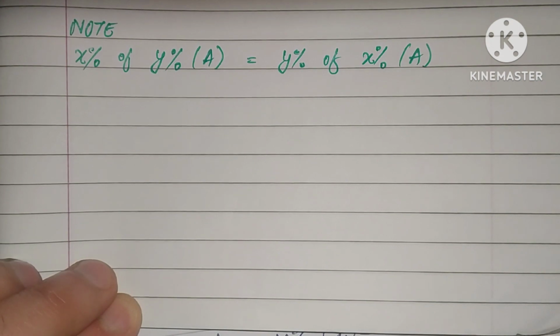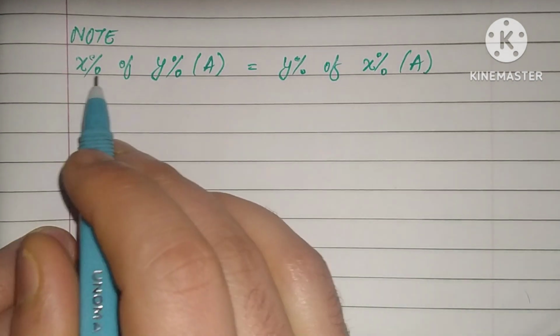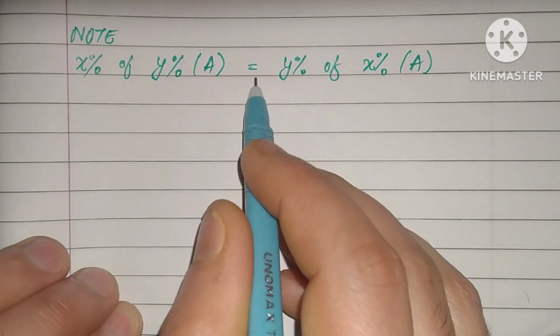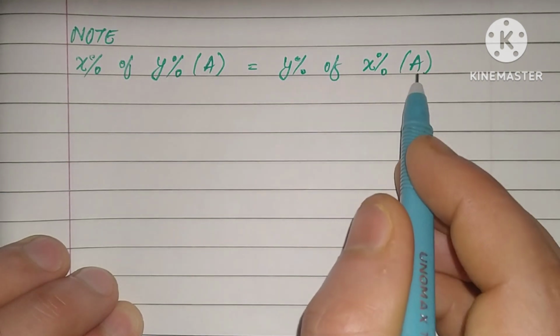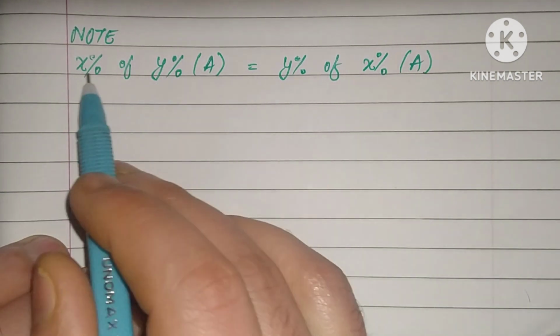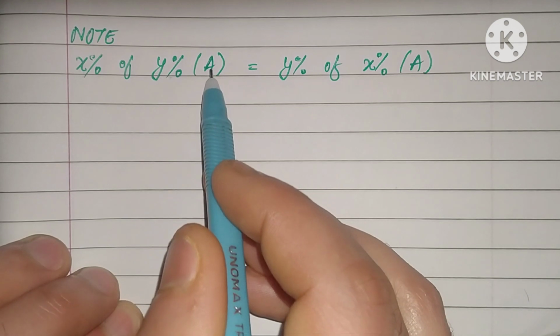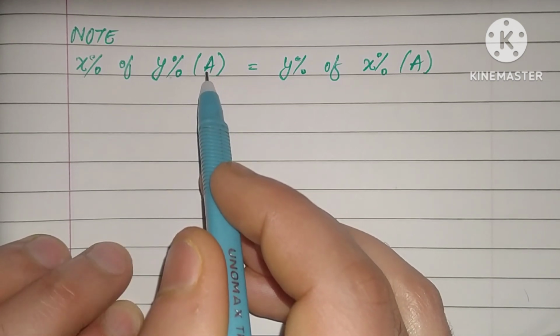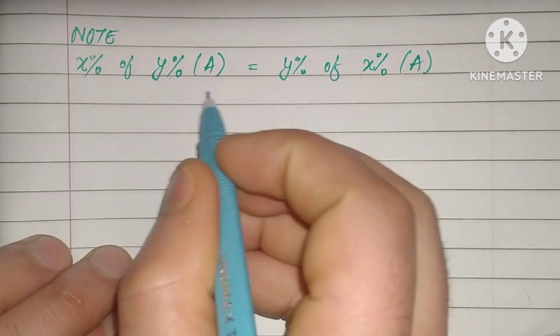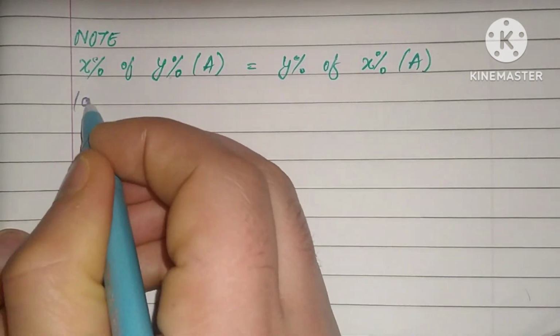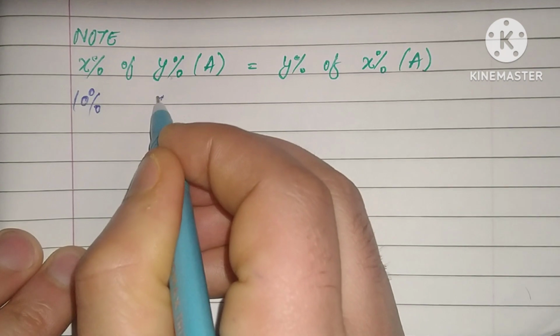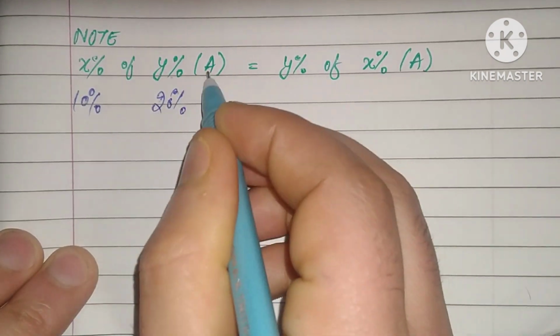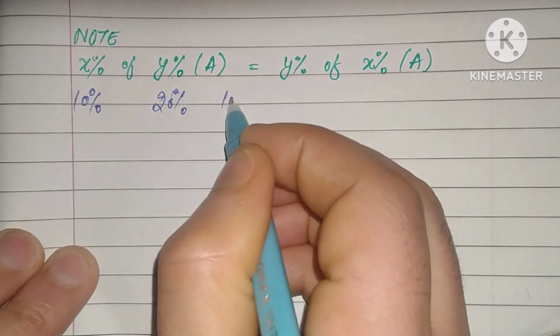Now I have mentioned here a note that x% of y% of a is equal to y% of x% of a. x% and y% are percentages, and a is any quantity. It can be 100, 50, 70, or 35. Suppose x is 10%, y is 20%, and a is the quantity, suppose it is 100.